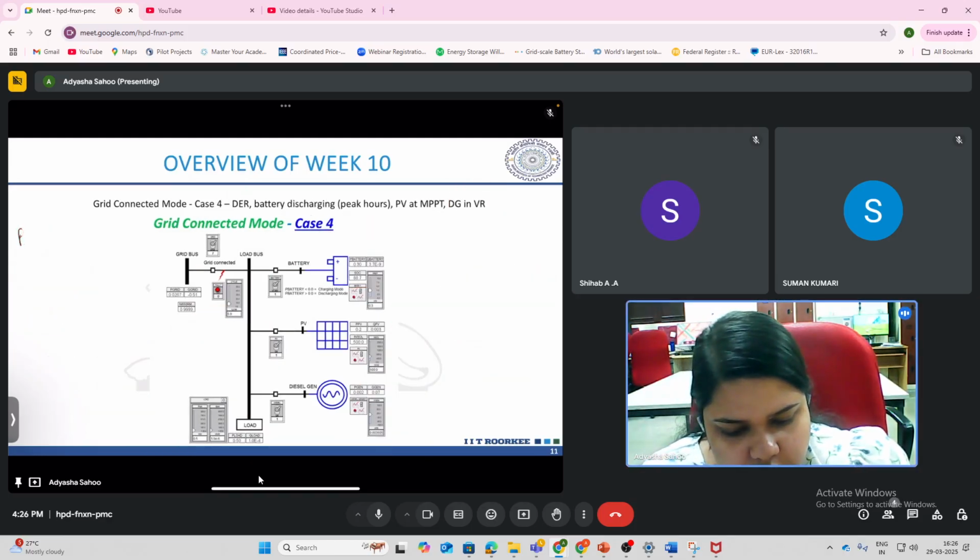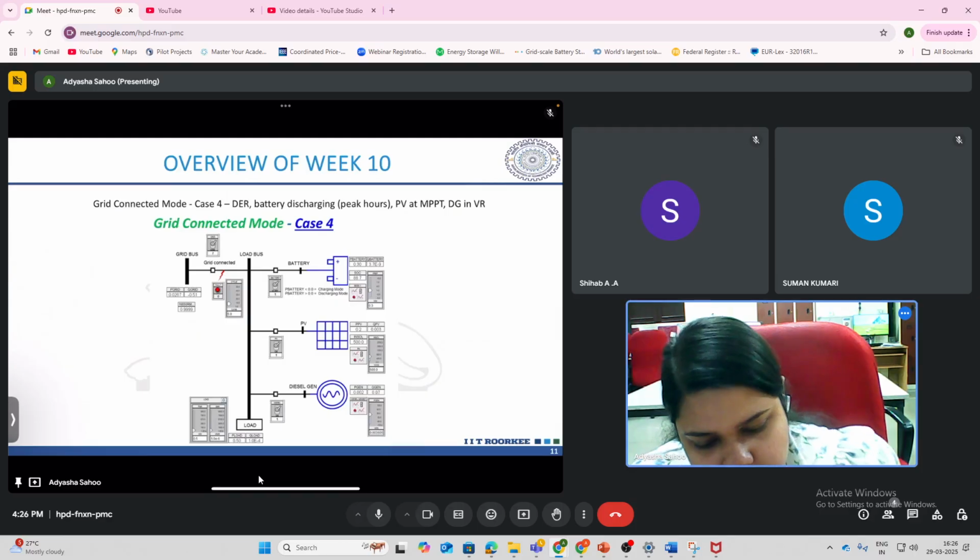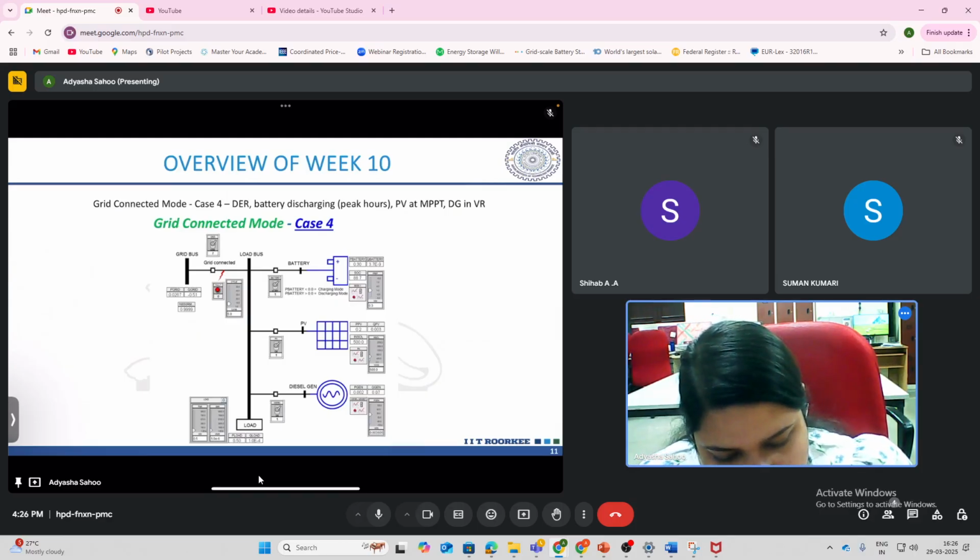Now in the next case, here again the PV is at 0.2 megawatt and PDG is 0 since this is grid connected.